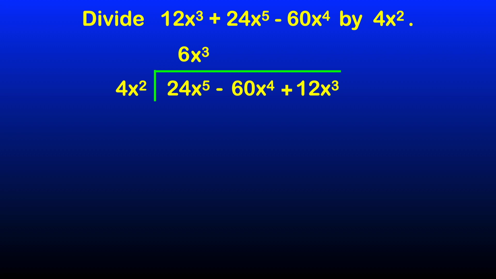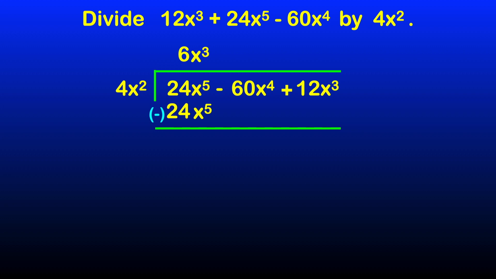So, nasa second step na tayo, multiply. 6 times 4 is 24. Then, x squared times x cubed is x to the 5th power. Ayan, subtract. Change the sign of the subtrahend to opposite. Yung positive magiging negative. And then, simplify.